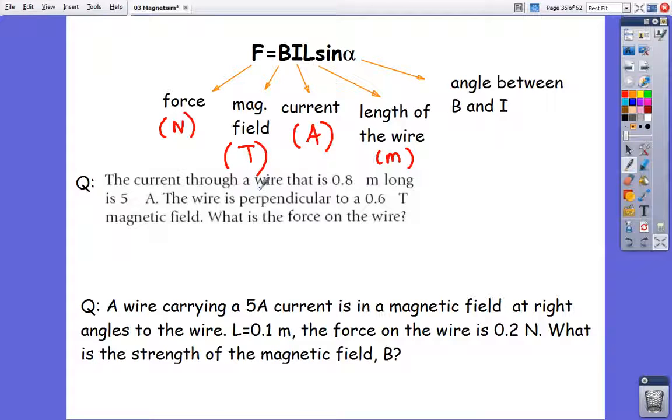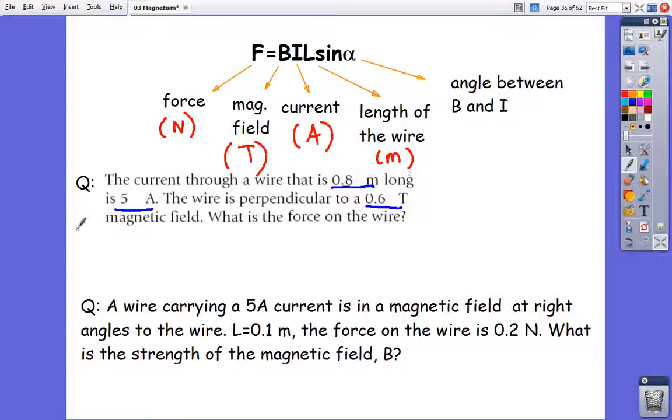The current through a wire that is 0.8 meter long is 5 ampere. The wire is perpendicular to a 0.6 Tesla magnetic field. What is the force on the wire? Let's read it again. The current is 5 ampere, the length is 0.8, and the magnetic field is 0.6 Tesla.